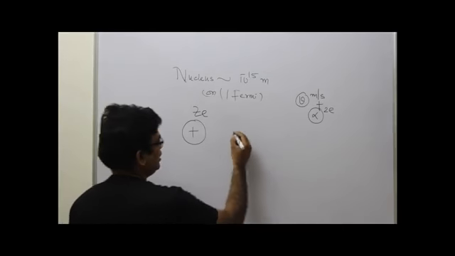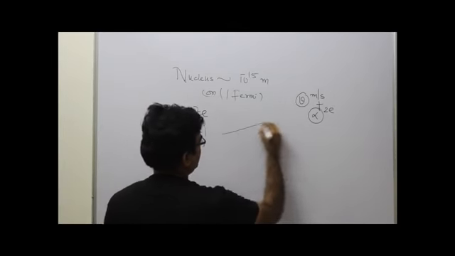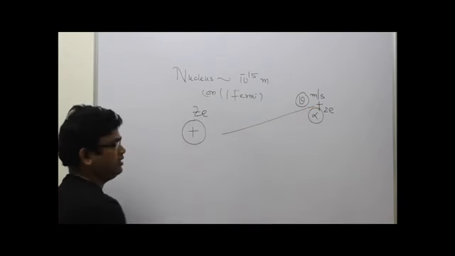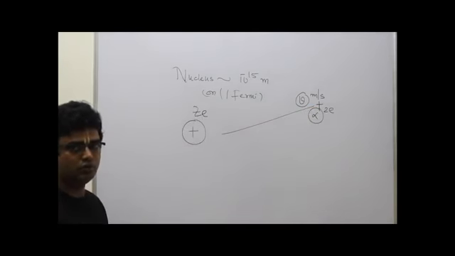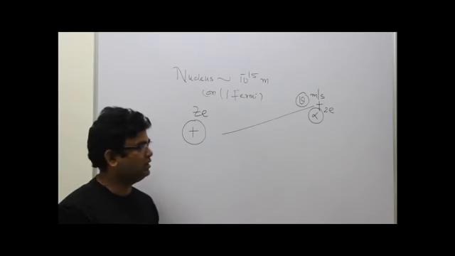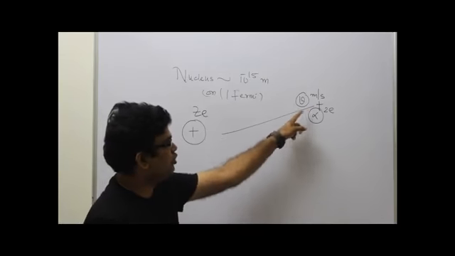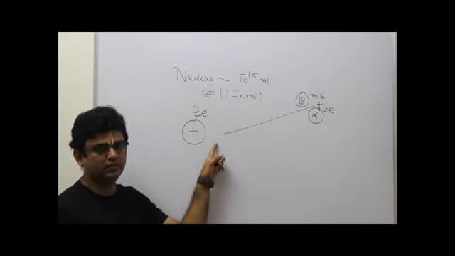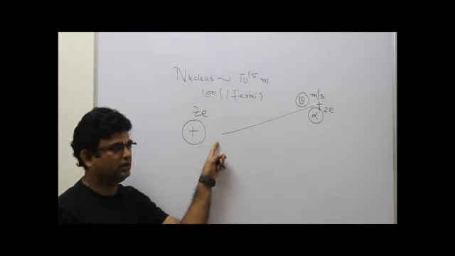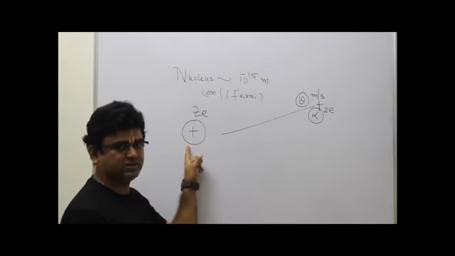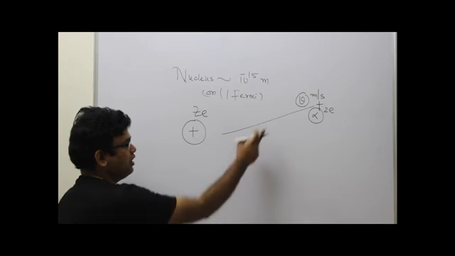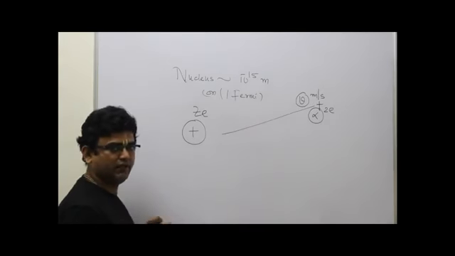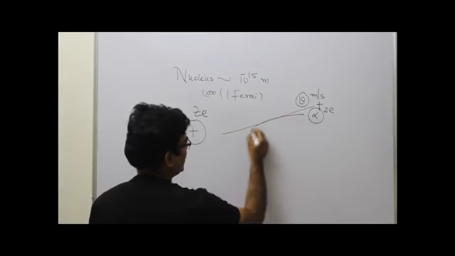Now, if there is no external force acting on the body, according to inertia of direction, the alpha particle should go in a straight line path. But because of Coulombic repulsion, it will not follow a straight line path, but it will follow a hyperbolic path.